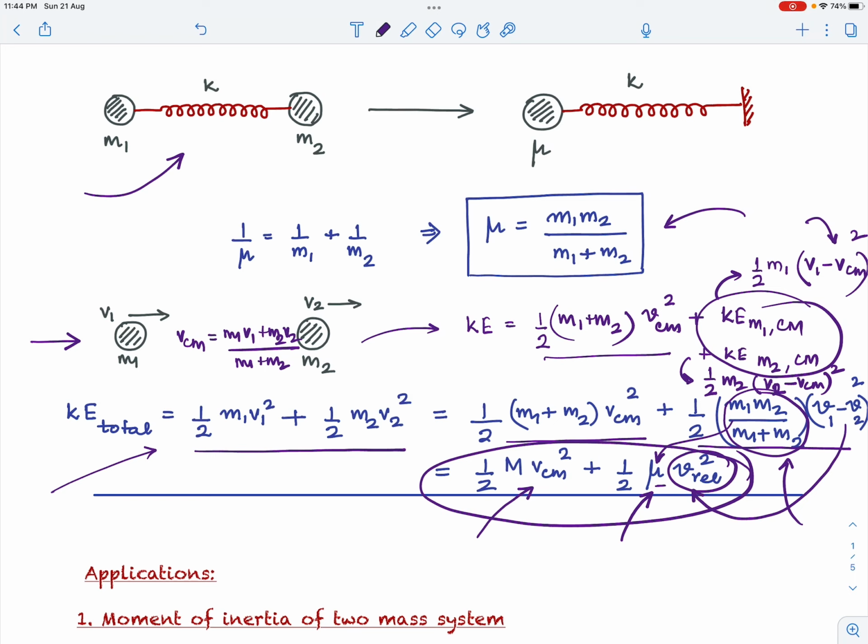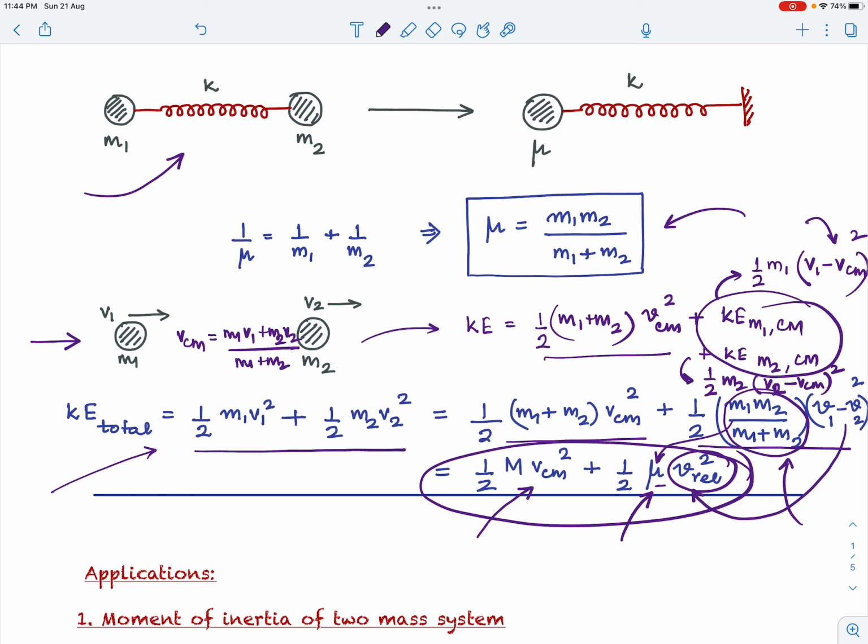Now, if we substitute these values of r1 and r2 in these two terms, we can easily prove that the same moment of inertia will come out to be mu times capital R squared. So it actually turns out to be m1 m2 over (m1 plus m2) times capital R squared.